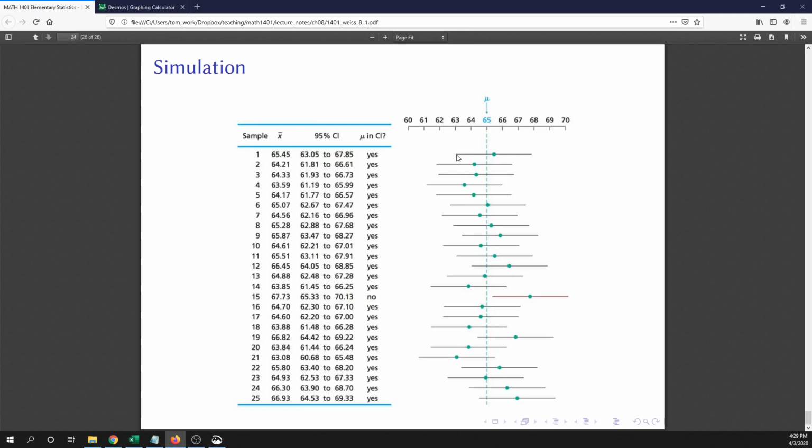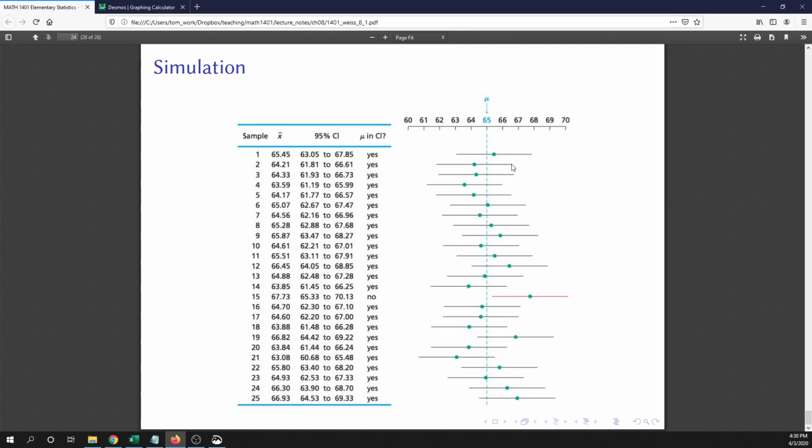It goes from 63.05 to 67.85 up here. And here the green dot indicates the sample mean, 65.45. The population mean, they say here, is 65. You can see that 65 is in between the lower limit and the upper limit here.